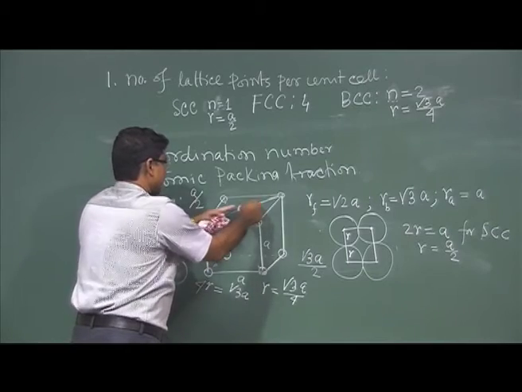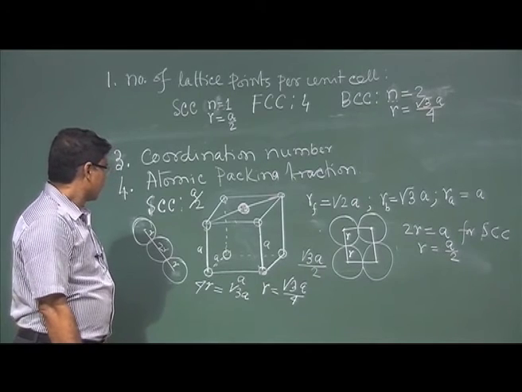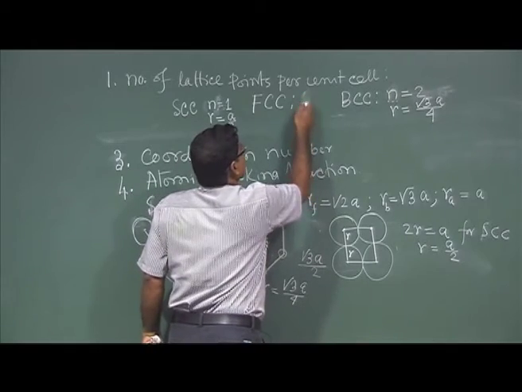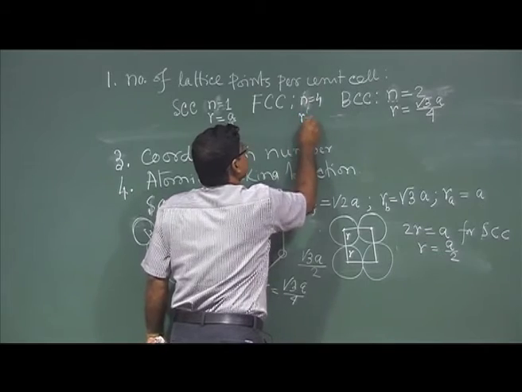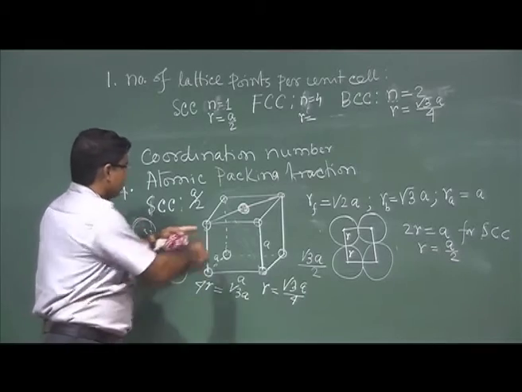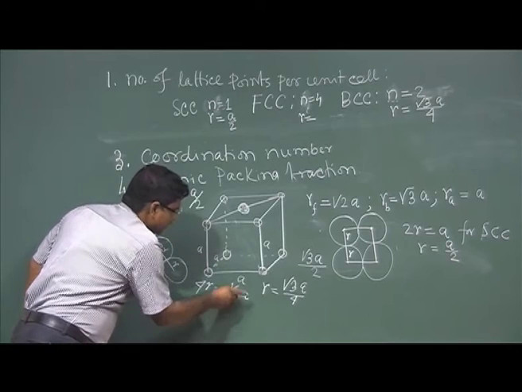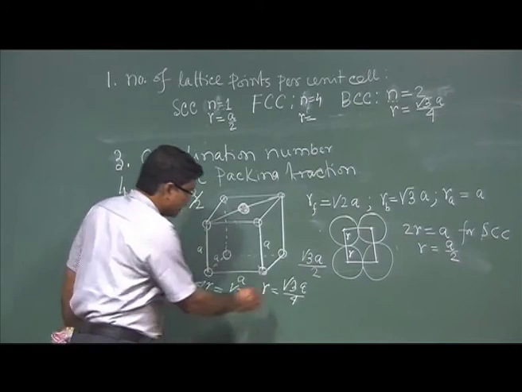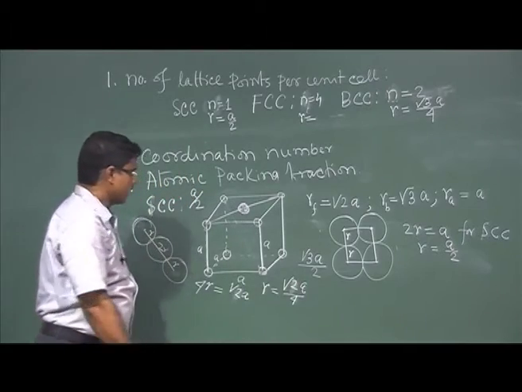So these three atoms will touch each other, and the corresponding radius: again in a similar way, this 4R will be equal to root 2 a, okay. So R will be root 2 a by 4.